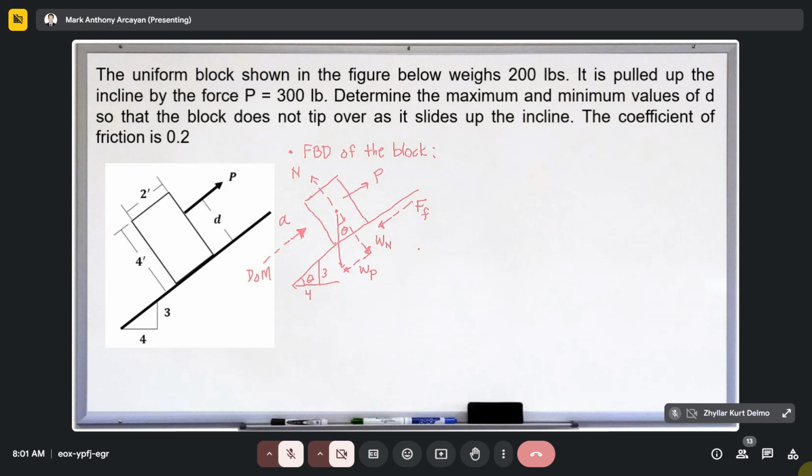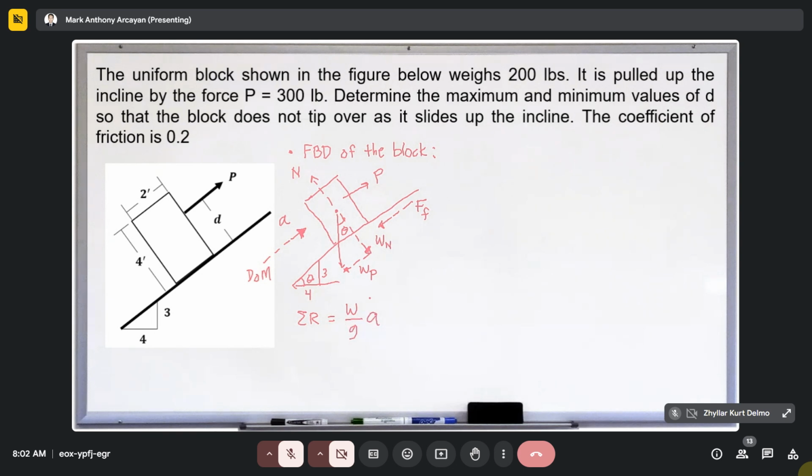Okay. Now we are going to again determine the resultant force here. Summation of the resultant force is equal to mass of the block, so like weight of the block over g times its acceleration.